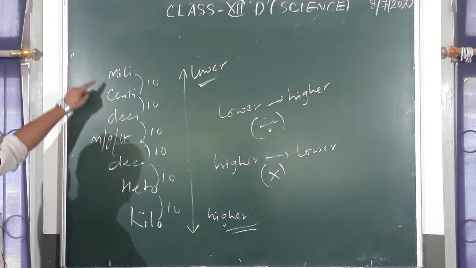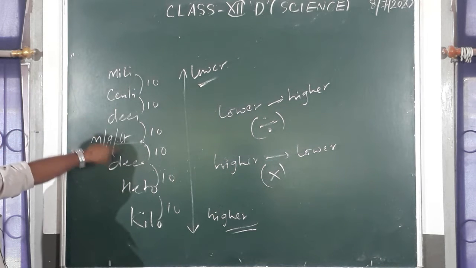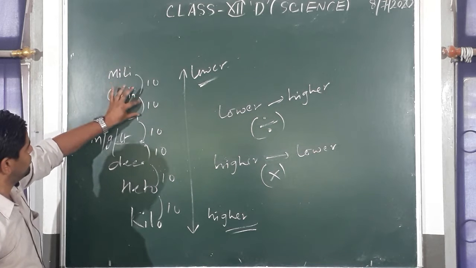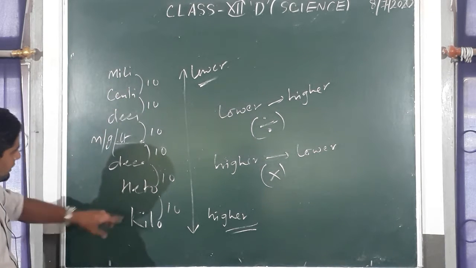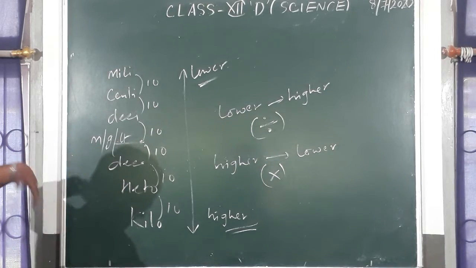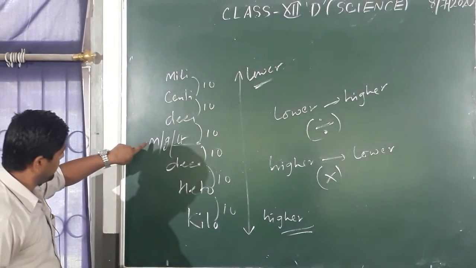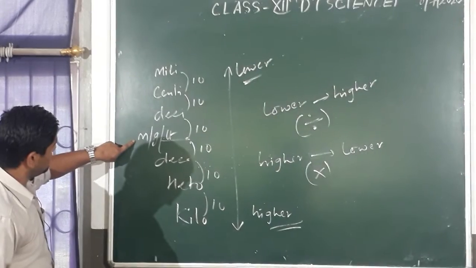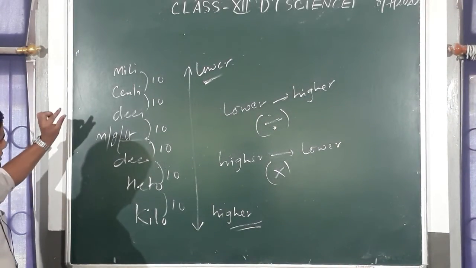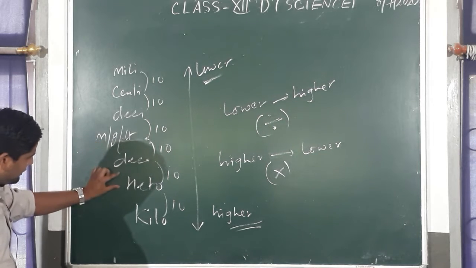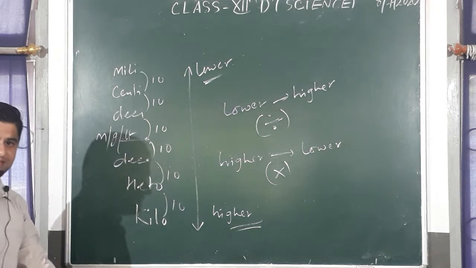Suppose you are converting milliliter to liter. You divide the value by 10, 10, 10, that is 1000. If you wish to convert meter to kilometer, you divide the meter value by 1 gap, 2 gap, 3 gap. Three zeros, meaning 1000.